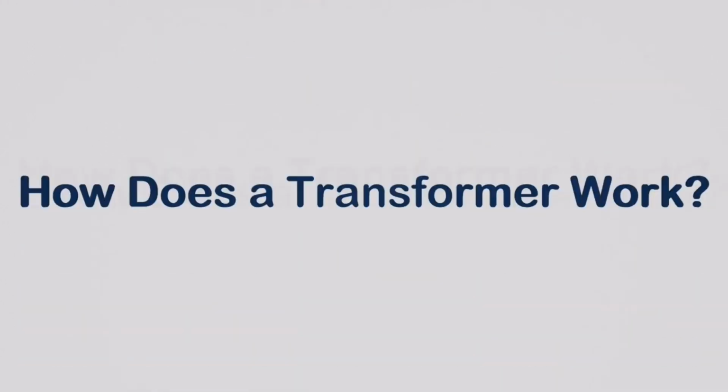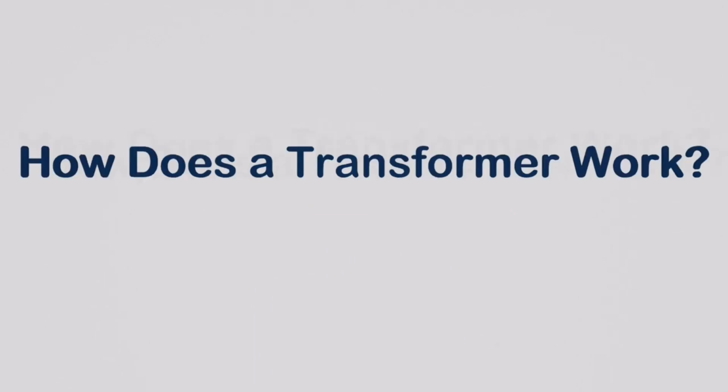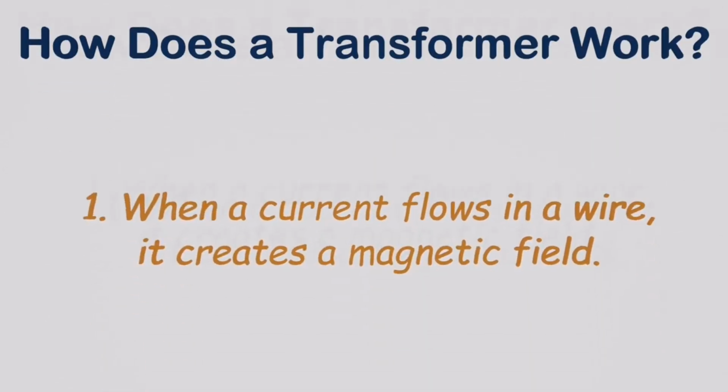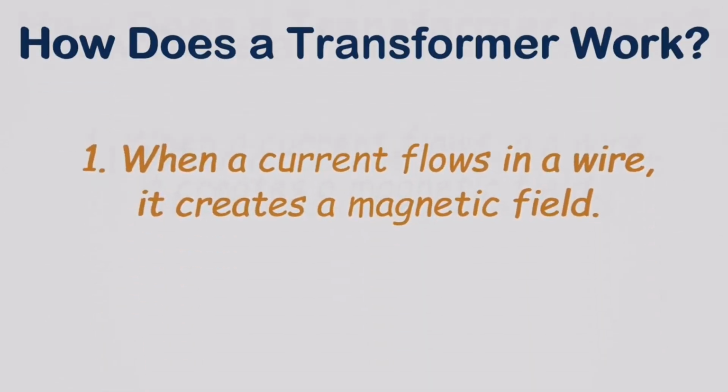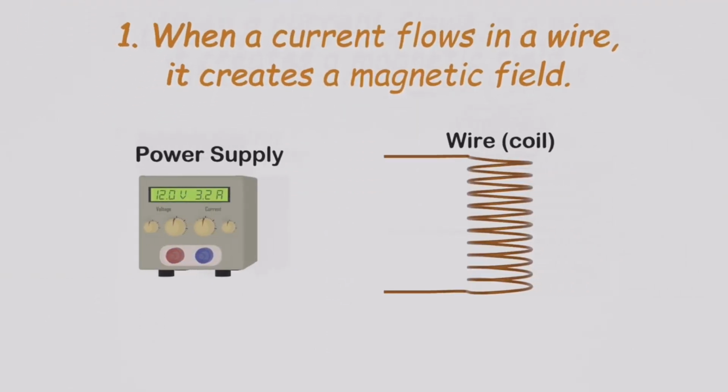How does a transformer work? There are three key concepts we need to know to understand the working principle of a transformer. First, when a current flows in a wire, it creates a magnetic field. This is what we call electromagnetism.